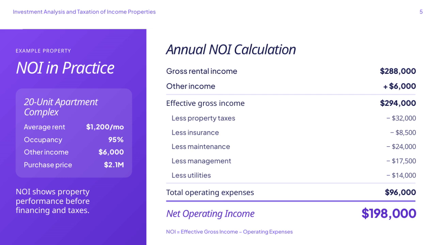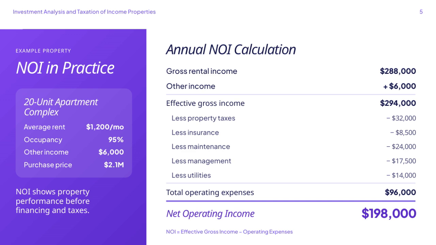Next, we subtract operating expenses, including property taxes at $32,000, insurance at $8,500, maintenance costs of $24,000, management fees of $17,500, and utilities costing $14,000. Altogether, these expenses add up to $96,000.